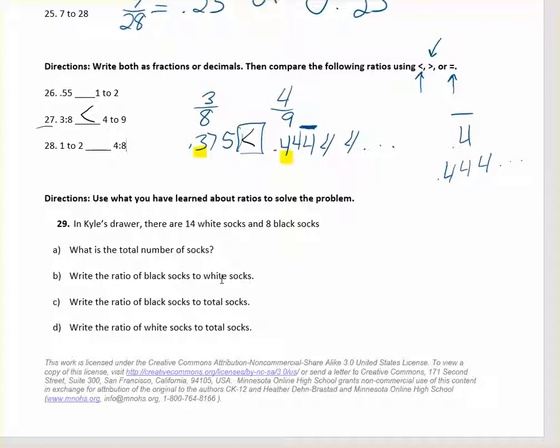You don't have to simplify these, and you can write your ratios in any way you like. So black socks is 8. I'm going to write them using the word to, and white socks is 14. So you can just leave it as 8 to 14, or you can write it like a fraction. If you want to simplify it, you can, but you don't have to.